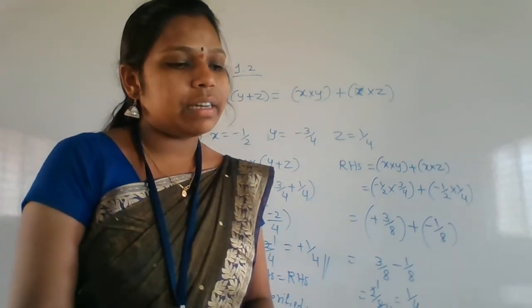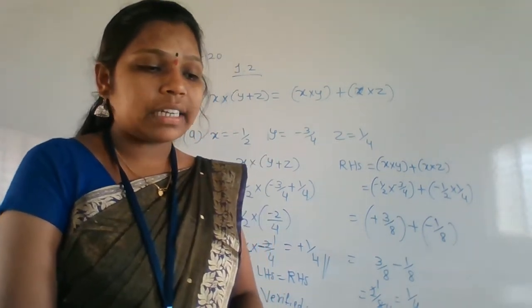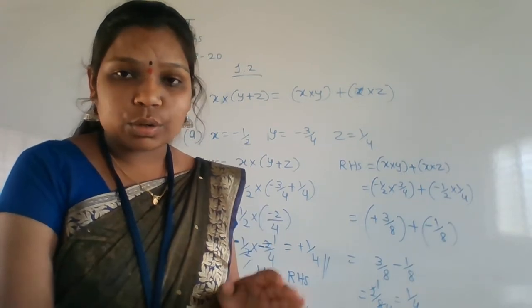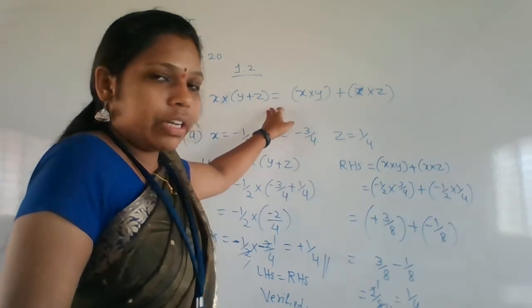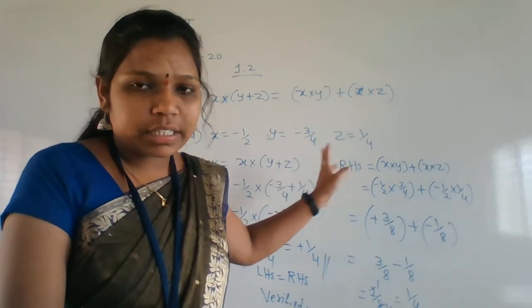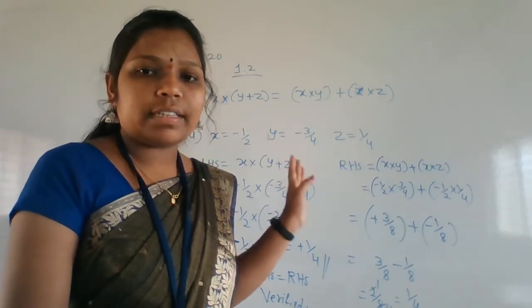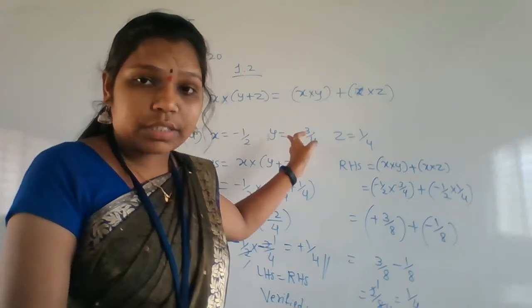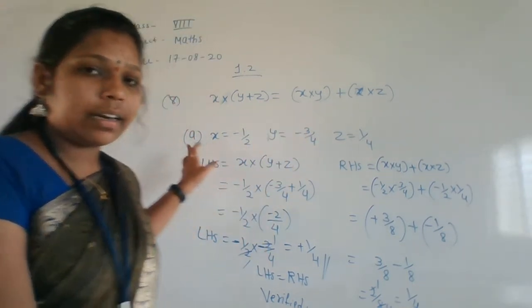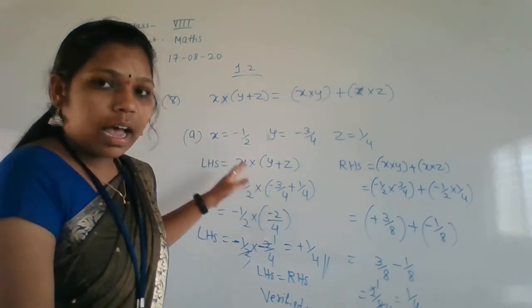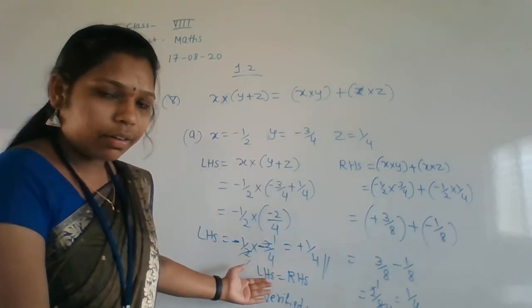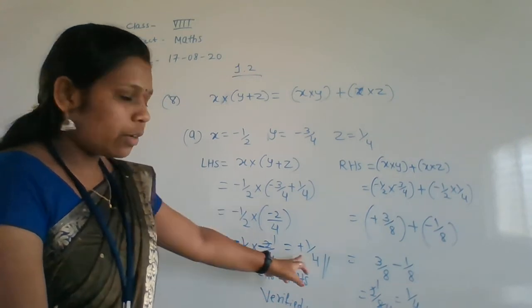Okay. So next we'll move to the 9th question. Before that I am telling once again, B question please do it at home. Same method. First write the equation. After that write x, y, z values. After that take the LHS value, put the values of x, y, z, substitute and simplify the problem and you will get one solution.